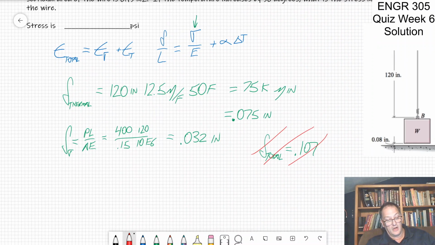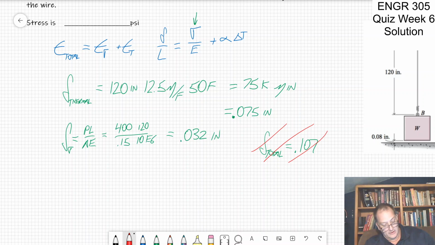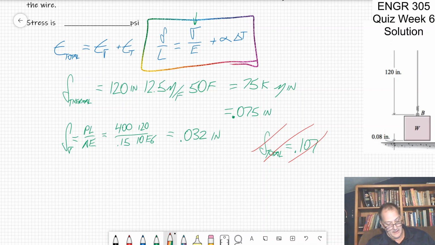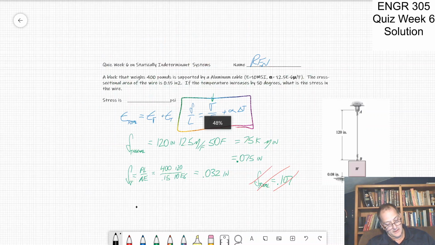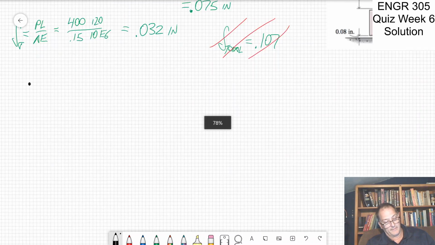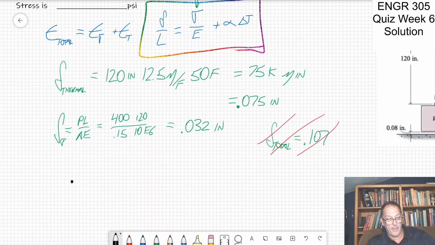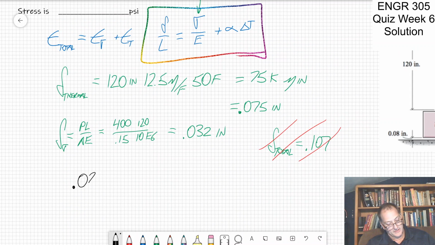So I can go all the way back to this equation. And I know that delta over L, which is 0.08 divided by 120, is equal to the stress, whatever that is.